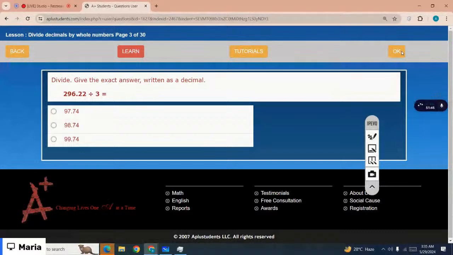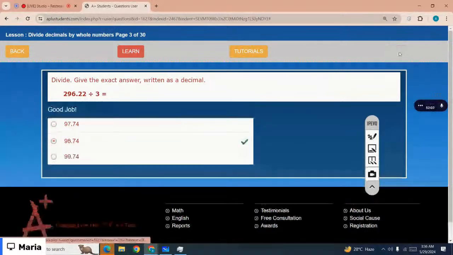Let's just divide. 296.22 divided by 3. The correct option is 98.74. Option number 2 is the correct option, that is 98.74.